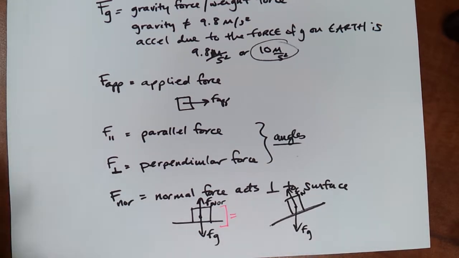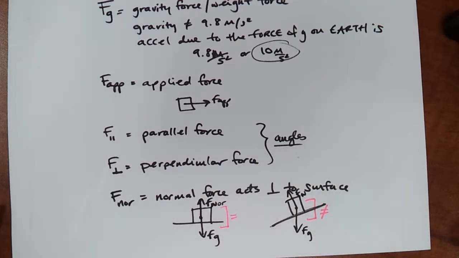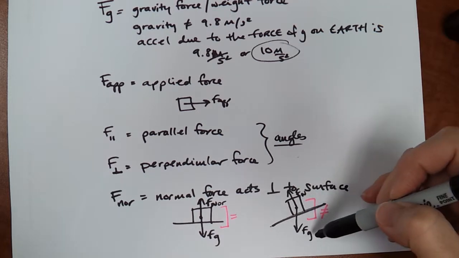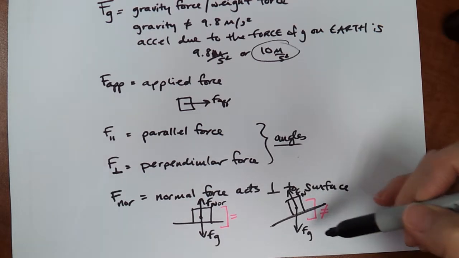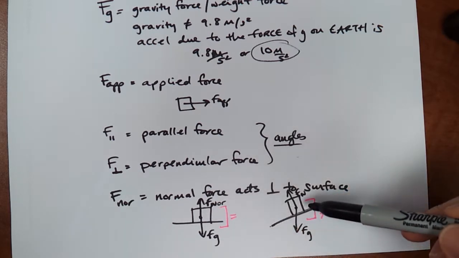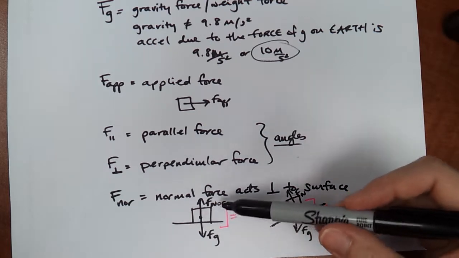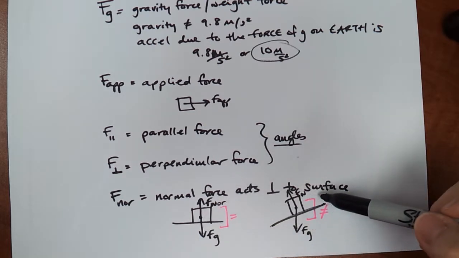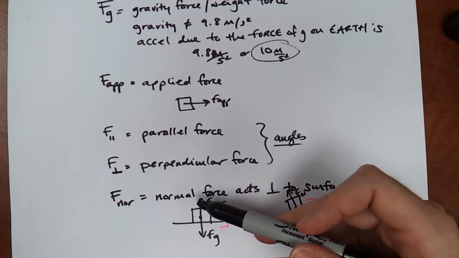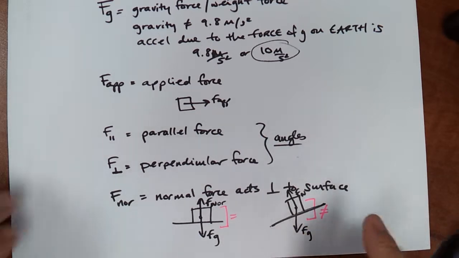And in this case, these two forces are no longer equal. The normal force will be less than the weight. It's always going to be equal to the weight if it's on a flat surface, or less than the weight force. There are only two options. So that's our normal force: it always acts perpendicular to the surface, and only when it's on a horizontal plane are gravity and the normal force actually equal to each other.